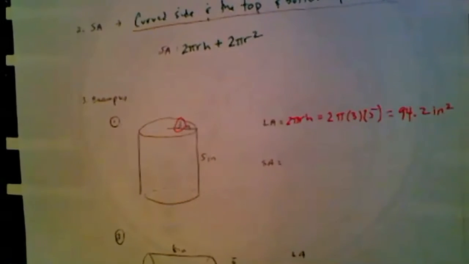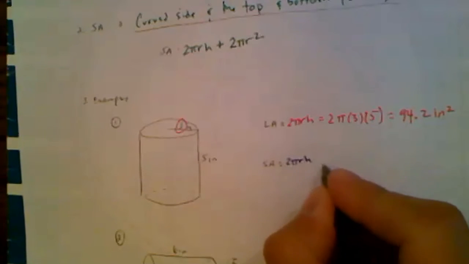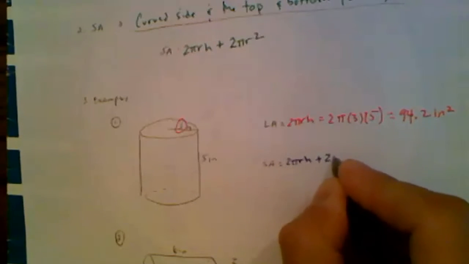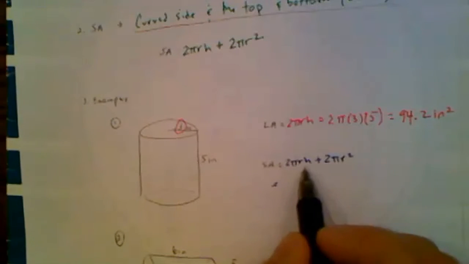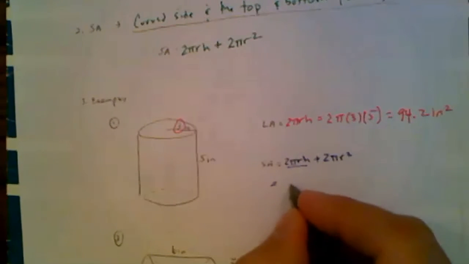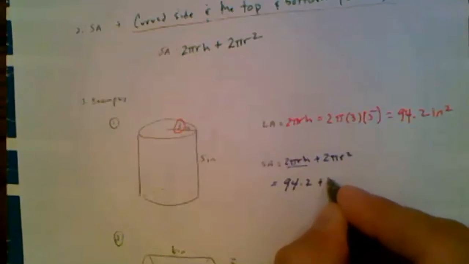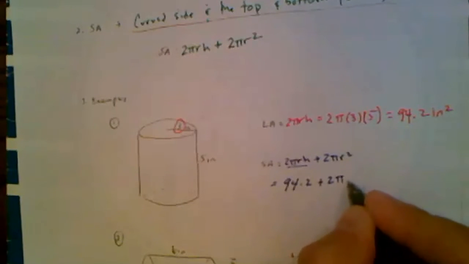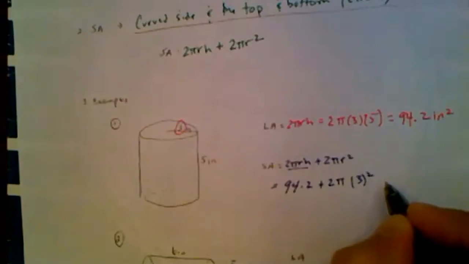Now the total surface area, again, is 2 pi r h, which I just found, and then I'm going to add on to it 2 circles that are both pi r squared each. I just found this to be 94.2, so no need to redo that. And I'm going to add on to it 2 times pi times, my radius is still 3 squared.